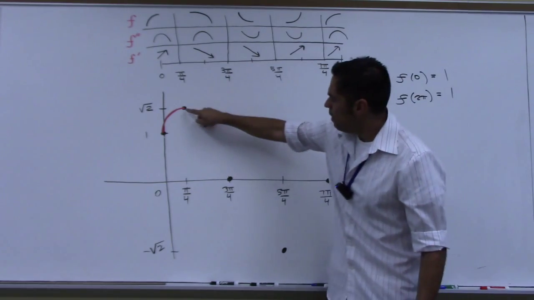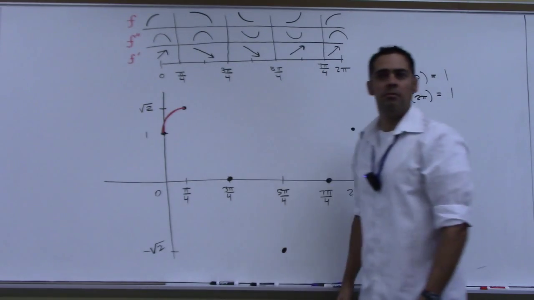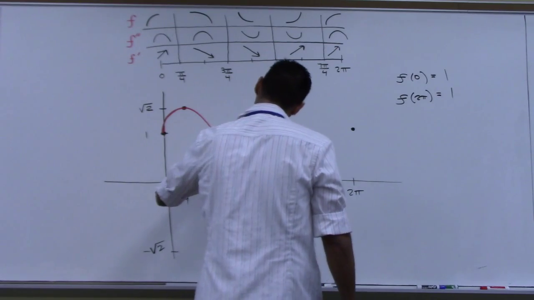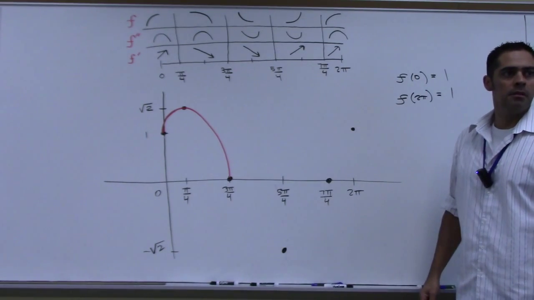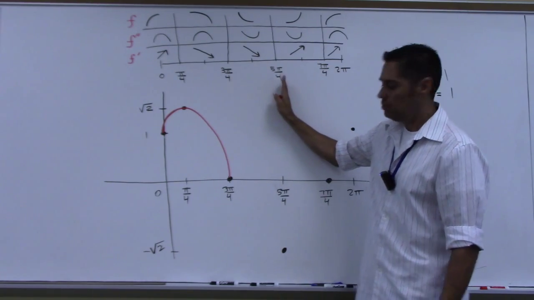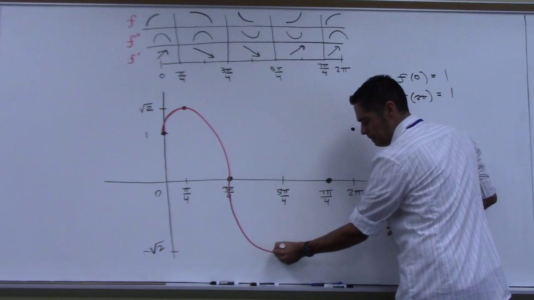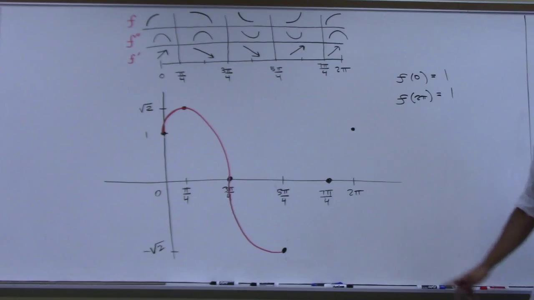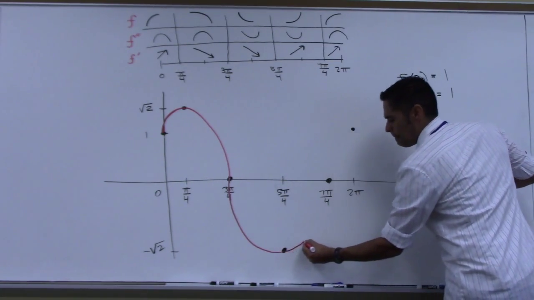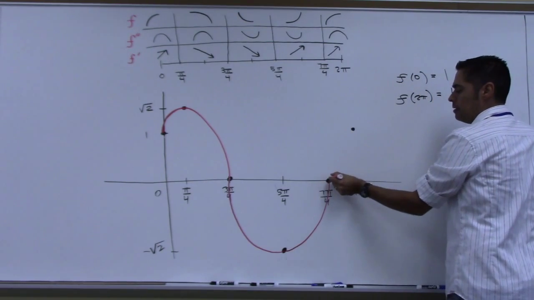Then, from this point to this point, it must be the right side of a frown. It's going to look like this. Okay? We all right? Between here and here, left side of a smile. Then, here to here, right side of the smile. And then from here to here, left side of a frown.